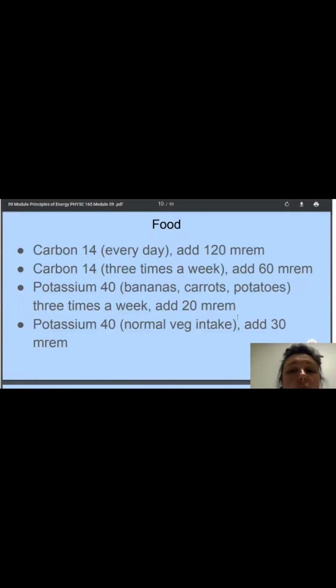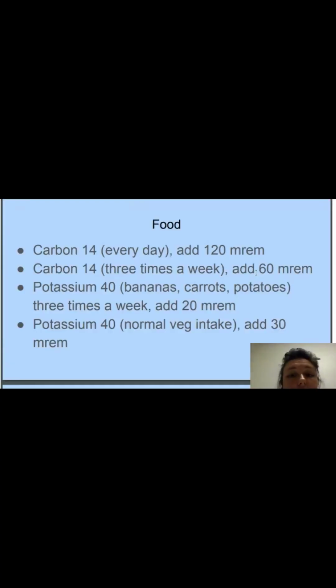But if you ain't the vegan, you go to the other questions. If you happen to eat quite a bit of bananas, carrots, or potatoes, and you eat them about 3 times a week, you are consuming potassium-40, which is also radioactive. And so therefore, you give yourself a 20 millirem. And if you happen to have a very normal vegetable intake, you are eating a vegetable a day, give yourself 30.